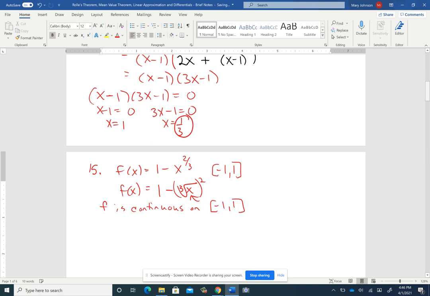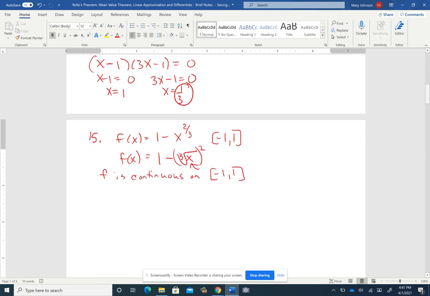Now we need to be sure it's also differentiable on the open interval from -1 to 1. Sometimes it's hard to tell. You can graph it and look for things like cusps or places where things are undefined. What I normally do is go ahead and take the derivative. I'm going to need it later anyway.